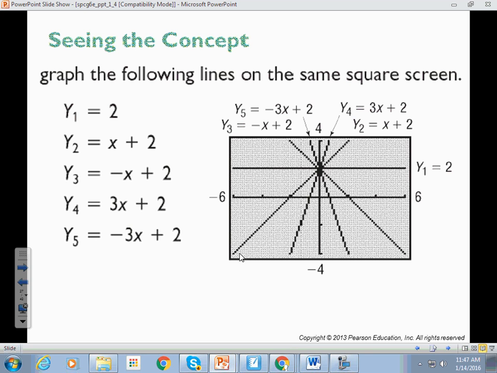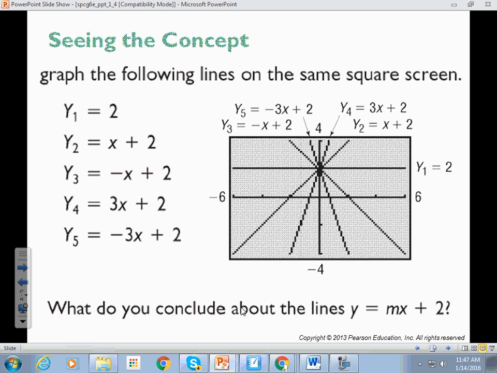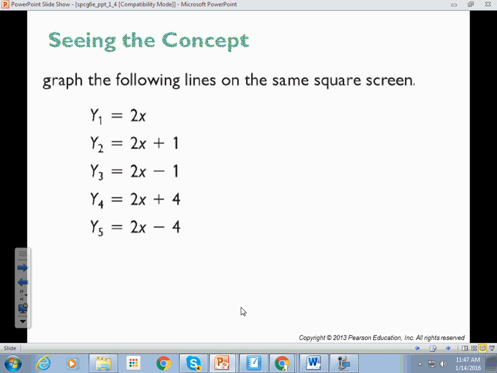We have x plus 2 here, negative x plus 2, 3x plus 2, and negative 3x plus 2. We know that lines y equals mx plus 2 all have the same intercept.